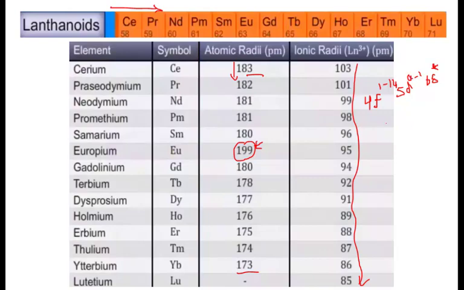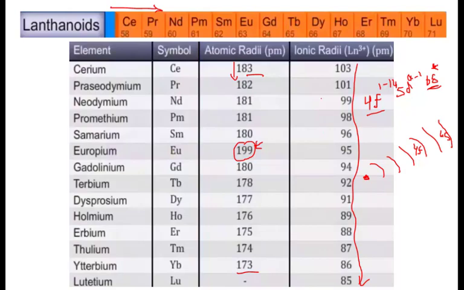Now for this, the valence shell is 6s, and the electrons enter in 4f. So let us take an example: if the nucleus is there and then there are shells like this. First shell, second shell, third shell, fourth. So this fourth shell will have the 4f subshell here, and then fifth, and then sixth. So 6s will be somewhere here.